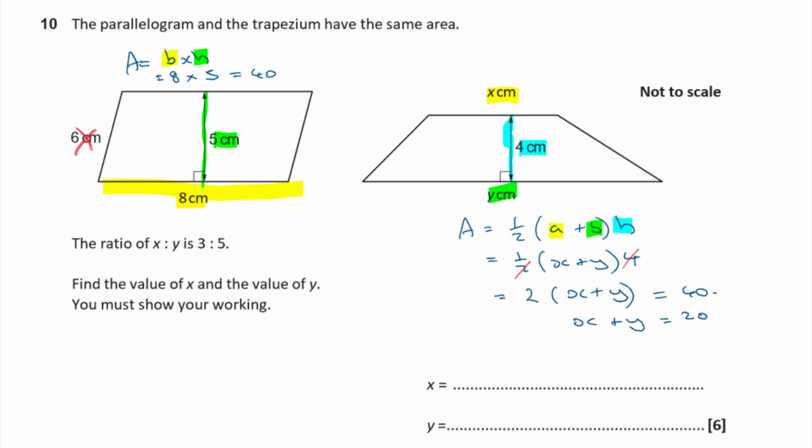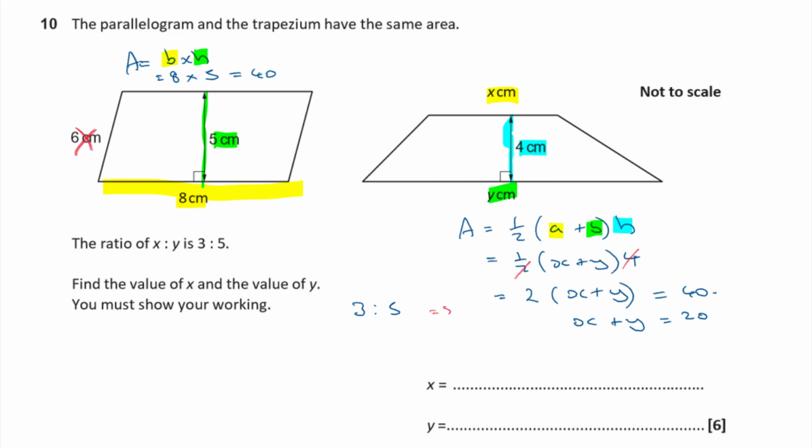So my values for x and y add up to 20, and they're in the ratio of 3 to 5. So how does that help me? If you think about the ratio of 3 to 5, that adds up to 8, doesn't it?